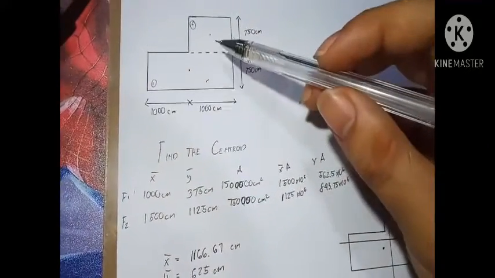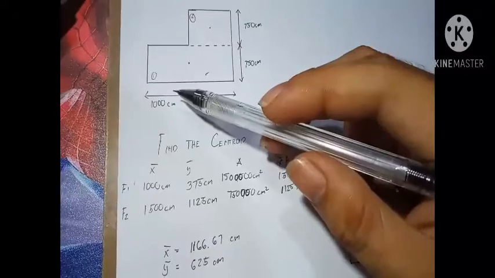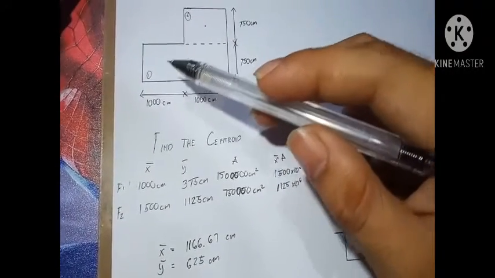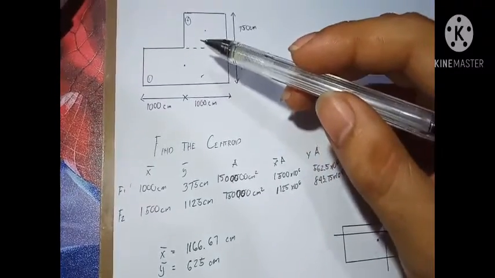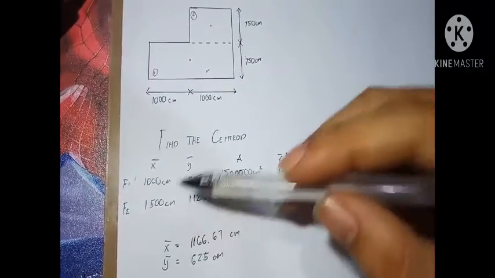So we have here half of 1000, which is 500, plus the 1000, the distance between the origin and the rectangle. So 1000 plus 500 will be 1500 centimeters.